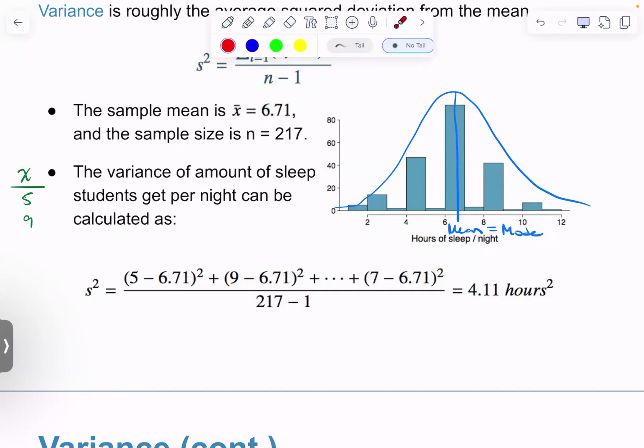Then it's 9, and then we've got a gap all the way up to 7. We don't know what happens in between, but we know that n is 217. So there's 217 values in there.